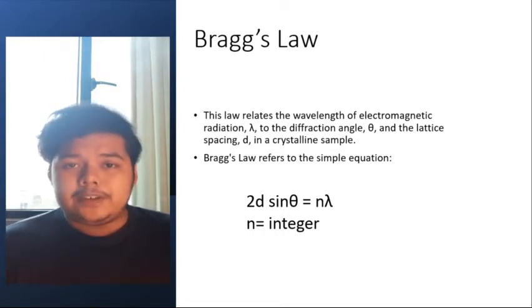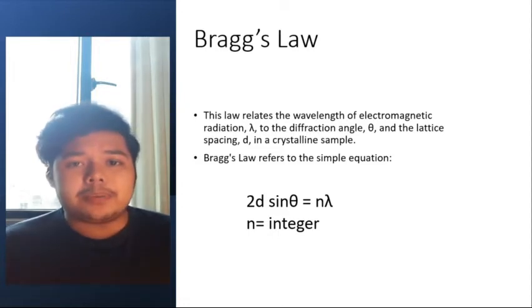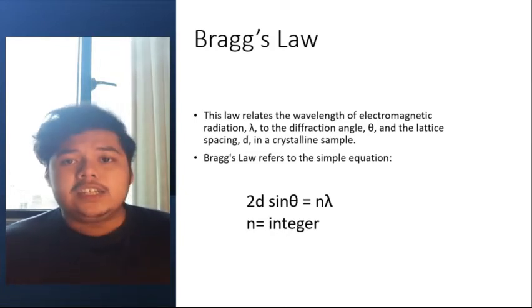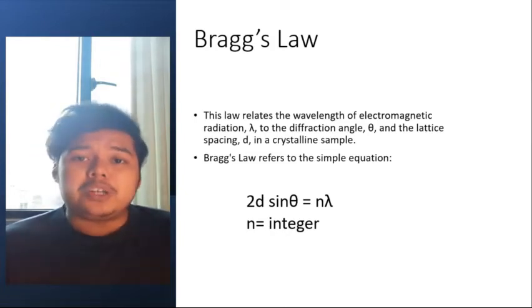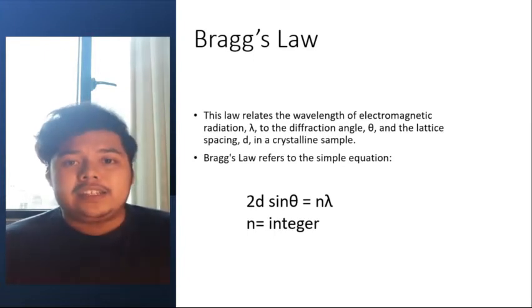If the path difference is equal to an integer multiple of wavelength, then X-ray A and B, and by extension C, will arrive at atom X in the same phase. Then the scattered radiation will undergo constructive interference, and thus the crystal will appear to have reflected the X radiation. If, however, the condition is not satisfied, then destructive interference will occur.